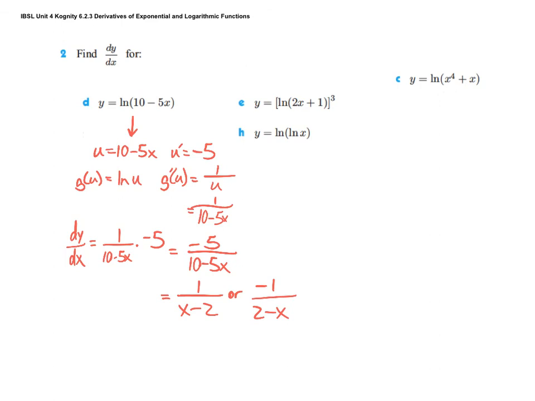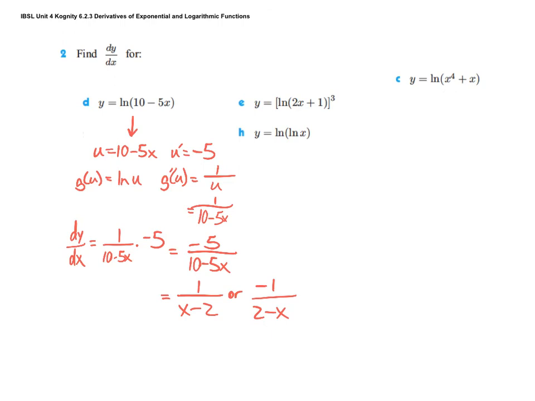Where'd the ln go? We took the derivative of it. The derivative of ln of a function is the derivative of the function over the function. So the negative 5 over the 10 minus 5x. Okay? We're doing the chain rule every time. And guys, this is where we want to get eventually with these. We don't want to have to write out this whole chain rule every time.